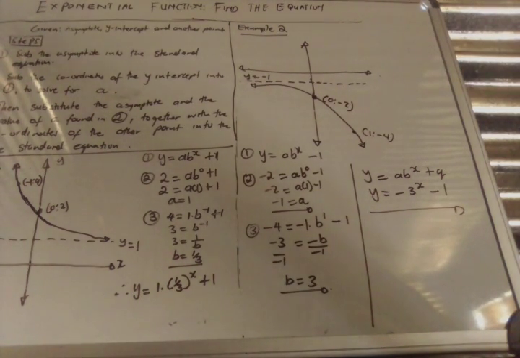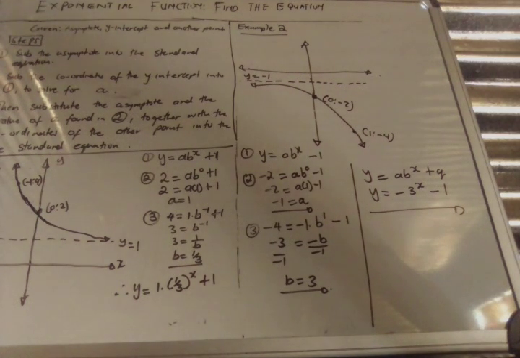We'll apply the very same steps that we did in the previous example. The first step is to substitute the asymptote into the standard equation. So we'll have y equals a b to the power x minus 1. That's the first step, and we're done.